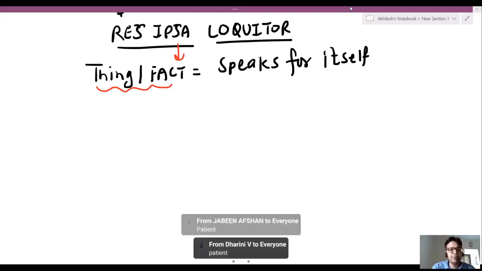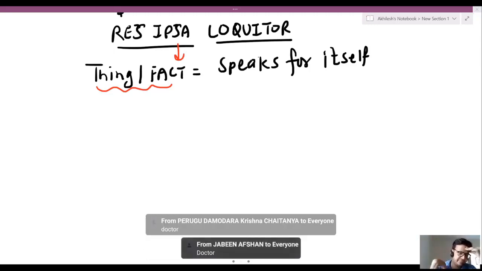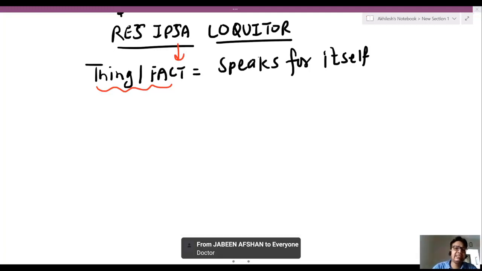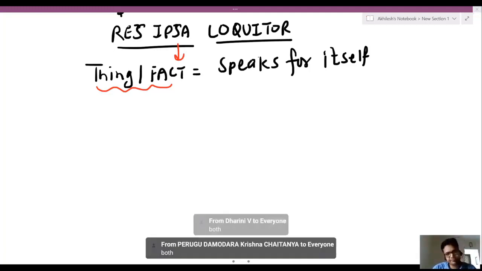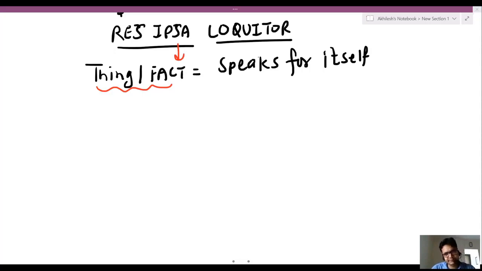Patient. Burden of proof in criminal negligence is on the doctor. Res ipsa loquitur proves civil negligence, criminal negligence, or both? Both. So, where have we reached, friends?